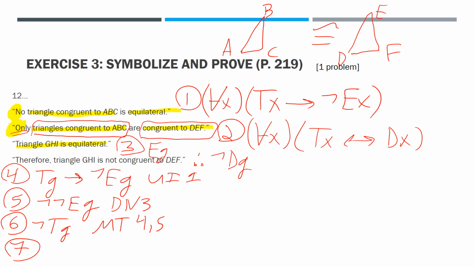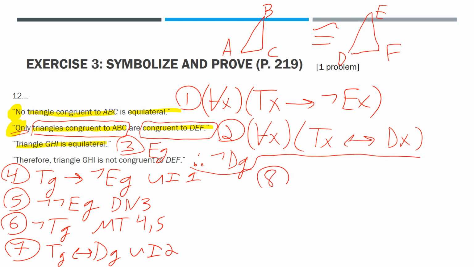For 7, we can get TG if and only if DG by universal instantiation, line 2. For 8, let's do the commutative rule. So I'll say DG if and only if TG. This is from line 7.